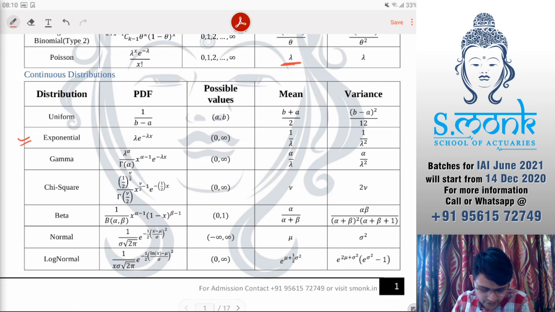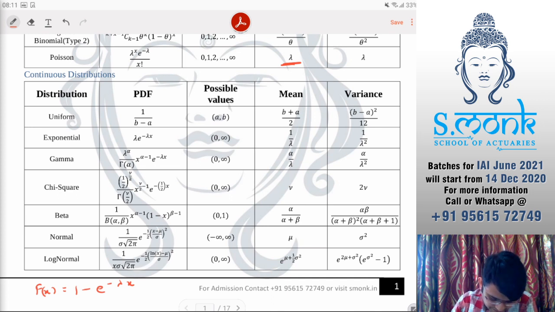Now for continuous distributions, at least for exponential distribution, you should know its capital F. Capital F for exponential distribution is 1 minus e raised to minus lambda x. We use that a lot, so you should remember that.